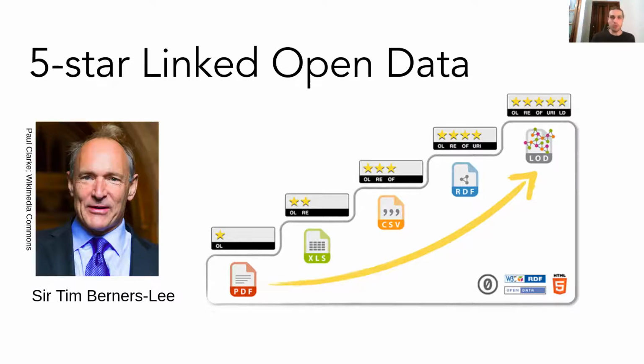It was a schema introduced by Sir Tim Berners-Lee in 2010, which basically scaled linked open data from one star, which means that it's unstructured, but at least it's under an open license, to five-star. It's superstructured using the best technical standards available and fully interoperable with other content in the semantic web.